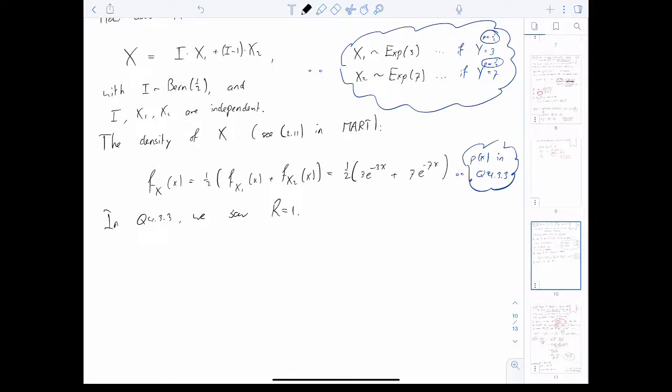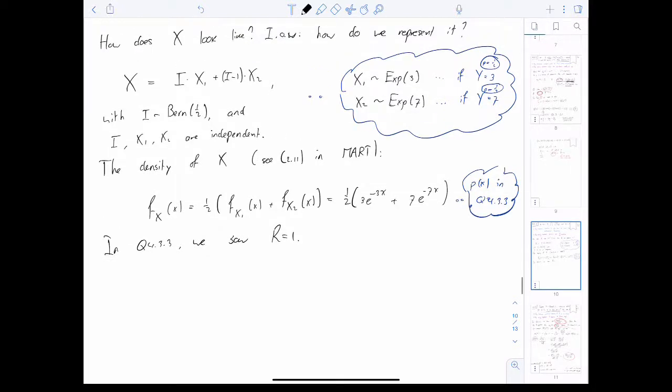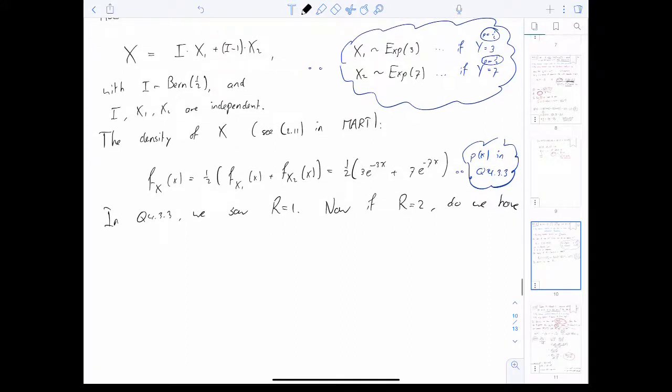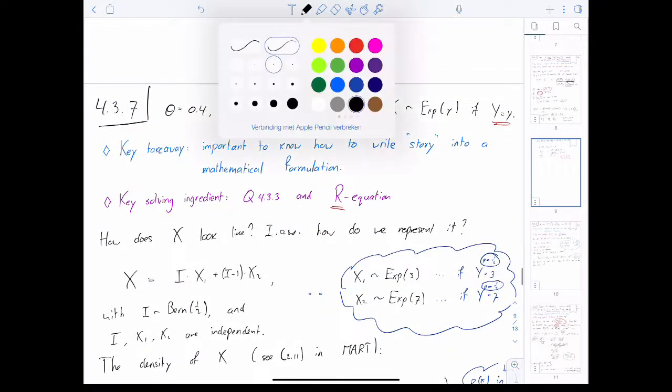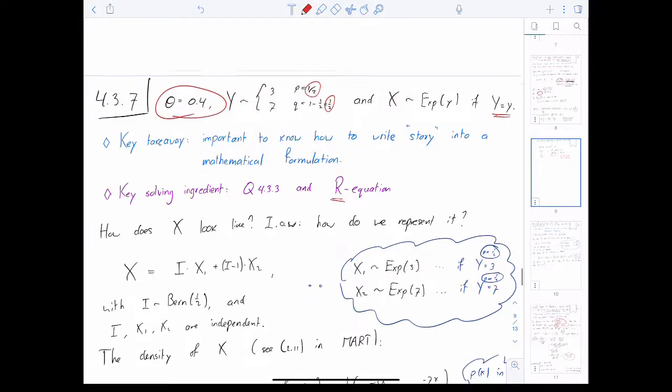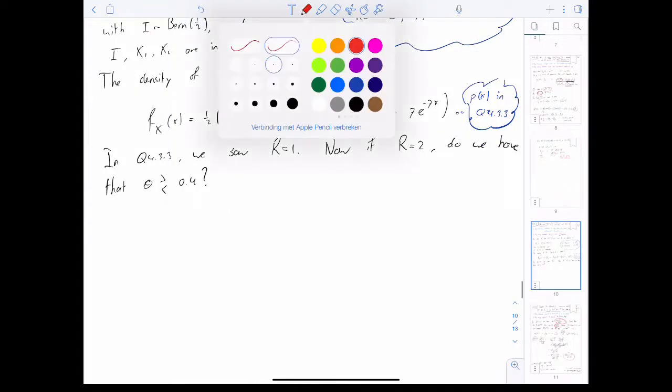Now the second part of the exercise says that if R equals 2, is theta smaller or larger than 0.4? We started out with theta being equal to 0.4, that's our assumption. And the question is, if we change R, what happens to this theta?